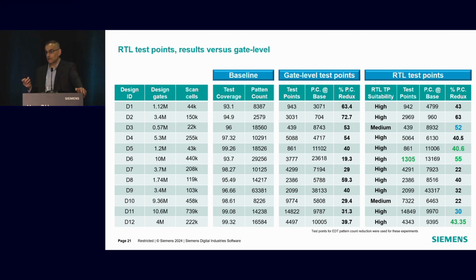It might also be that the gate level analysis couldn't do something because of what happened during synthesis. I don't know the exact reason for these cases, but we've seen results both ways.